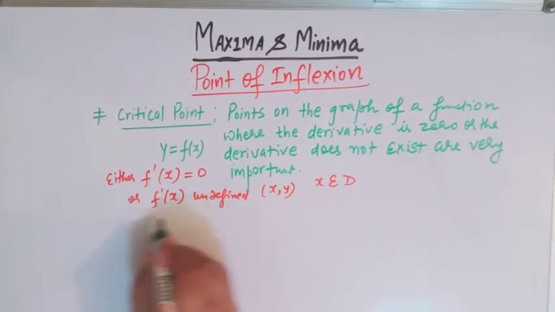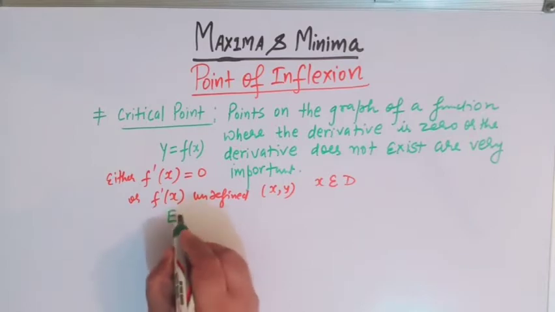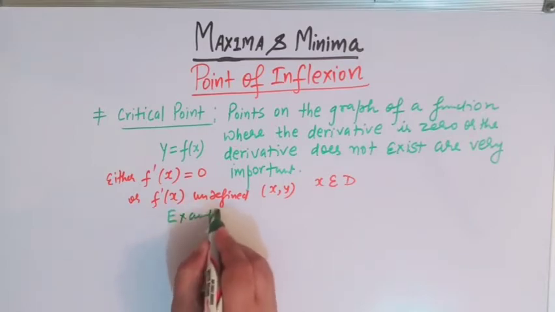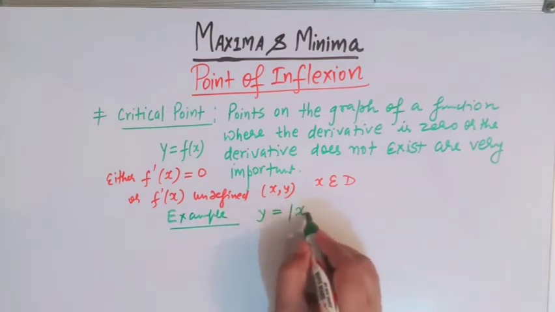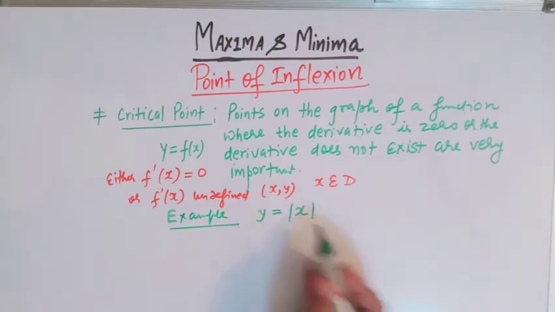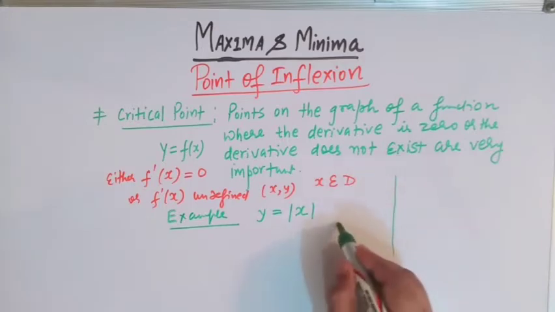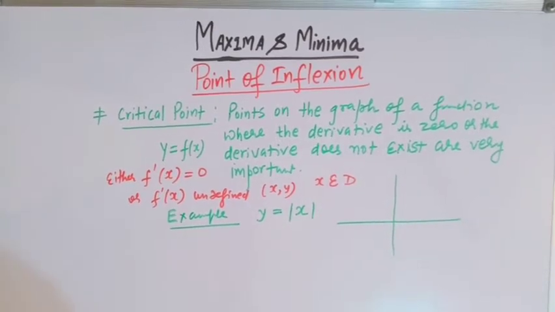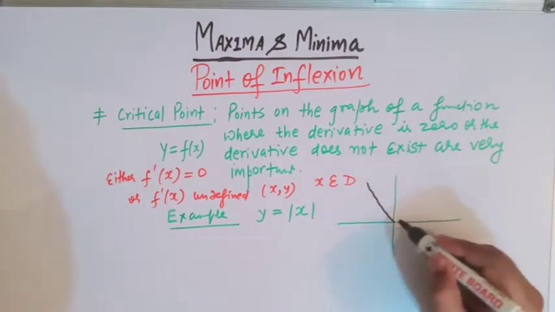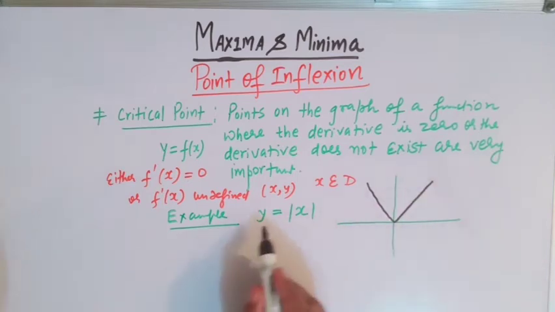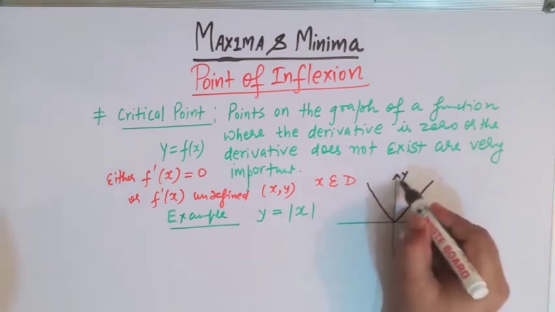Now let us take an example, right? This is the absolute value function y is equal to mod of x, and this is the graph of y is equal to mod of x.